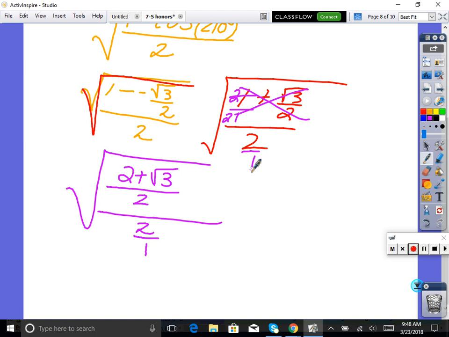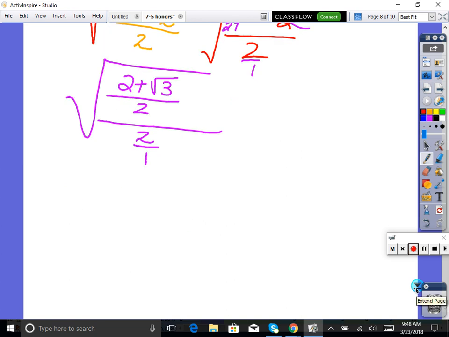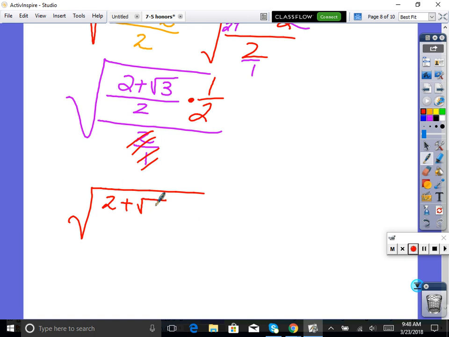So now dividing fractions is easy as pie. Flip the second fraction and multiply. We're going to take this up, 1/2. So we have the square root of 2 plus root 3. Don't we multiply straight across? All over 4.